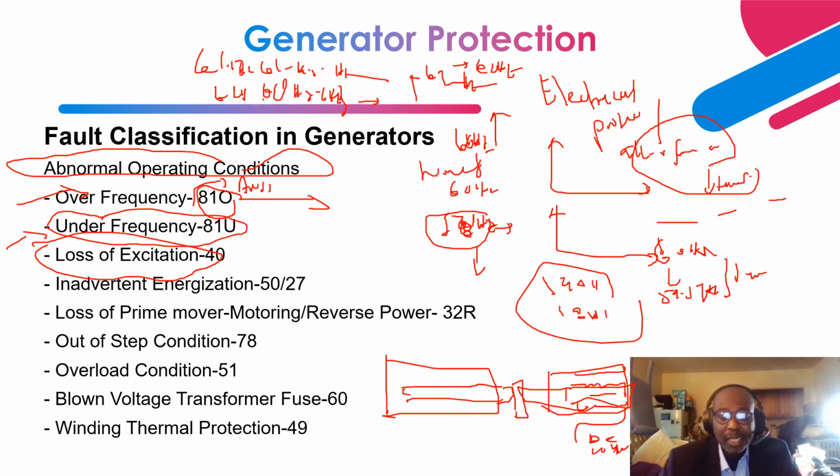And yes, of course, DC current from an excitation system, right? That is basically controlled by a voltage regulator.